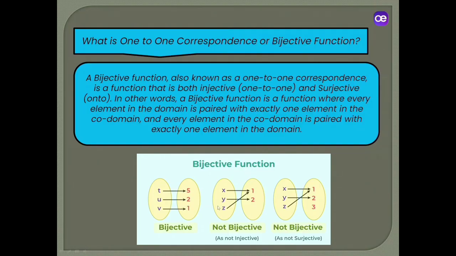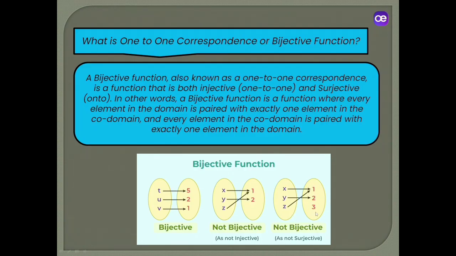This function is not bijective because it is not an injective function, because every element in the domain does not have a distinct output. Here x has the output 1 and z also has the output 1, so this is not injective. It means this is not bijective. And in this case we saw that this is not a surjective function.